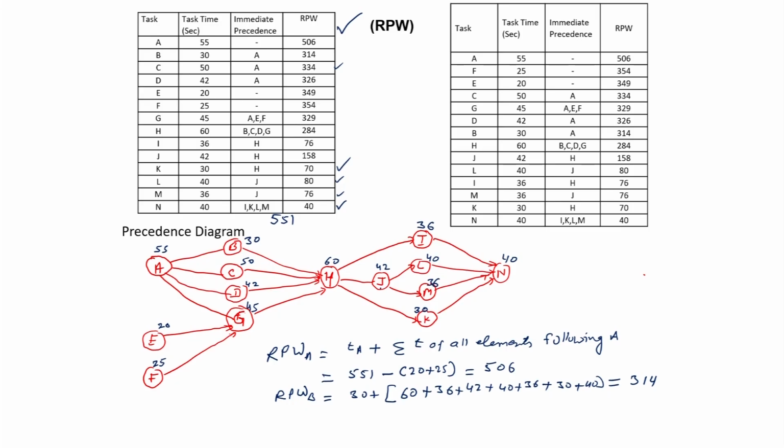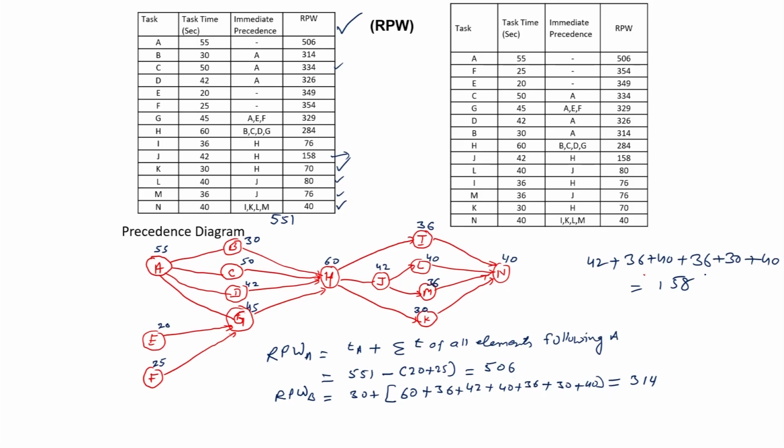For J, let us see, how do I get this 158? J means 42 plus all these elements: 36 plus 40 plus 36 plus 30 plus 40. If we sum this, we will get 158.